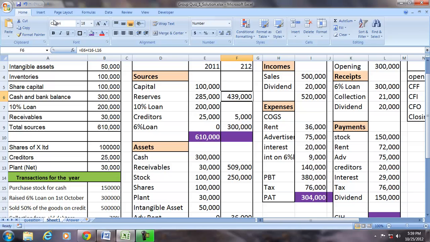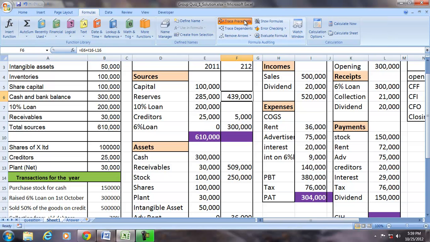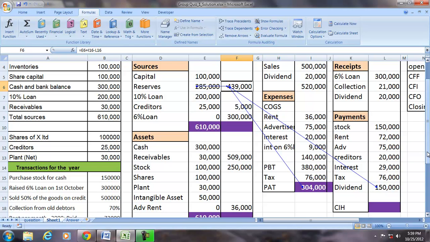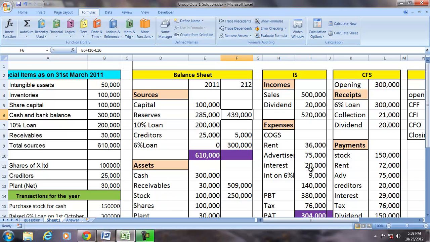So let us see the change in the reserves. The reserves have changed because of the current profit, 304, minus the distribution of dividend. So opening reserve plus PAT minus the dividend is the closing reserve. Since all the items on the income statement are done, we can find the cash in hand.